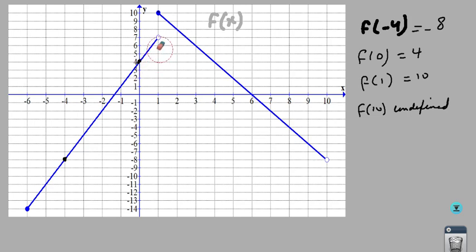So we actually read the value of the function in exactly the same way as we read it in any other kind of function. There is a slight difference, however. If, for example, we want to solve f of x equals -11, what's the value of x? In this case, we look at the y-axis where y is -11, and we go across, and then we go down, and we find that it's -5.